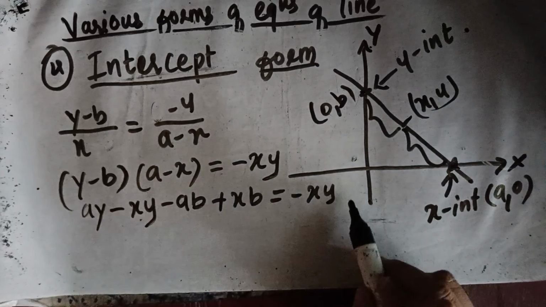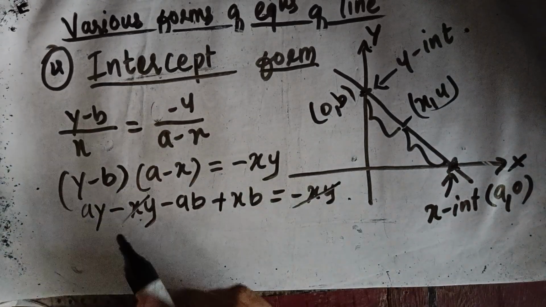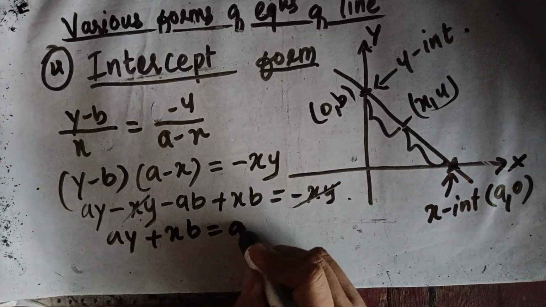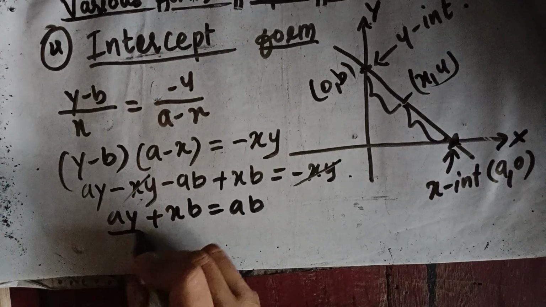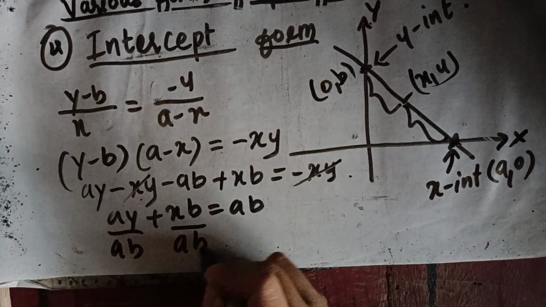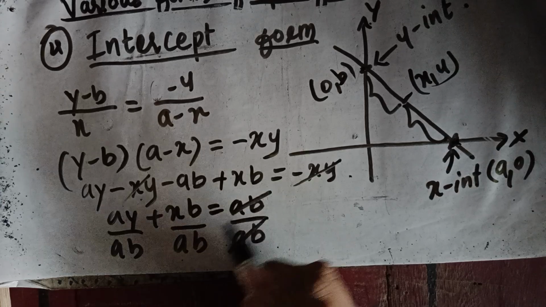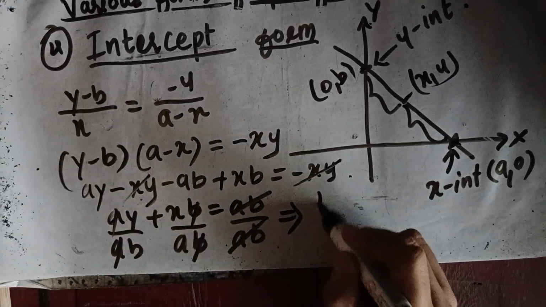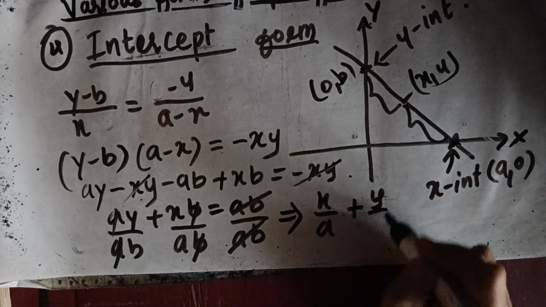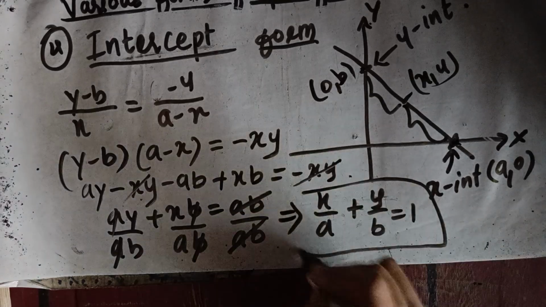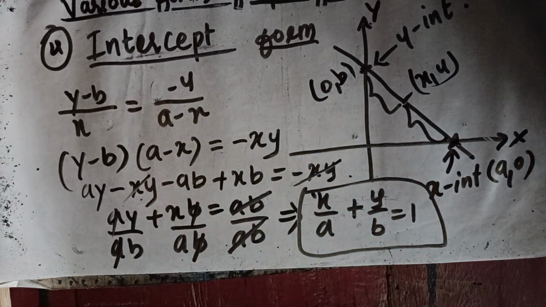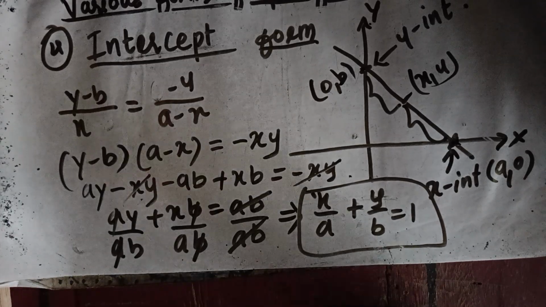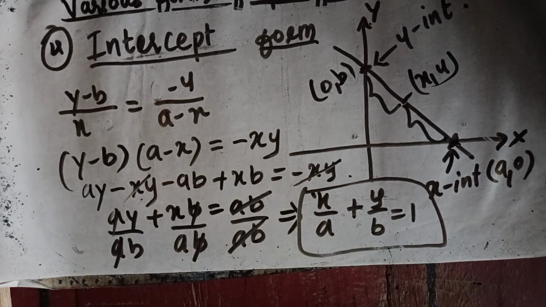So this xy will come here and get cancelled. So you'll get ay plus xb equal to ab. Now dividing by ab, you'll get x upon a plus y upon b equal to 1. So this is your intercept form, where a and b are the intercepts. So this is the x-intercept, this is the y-intercept.